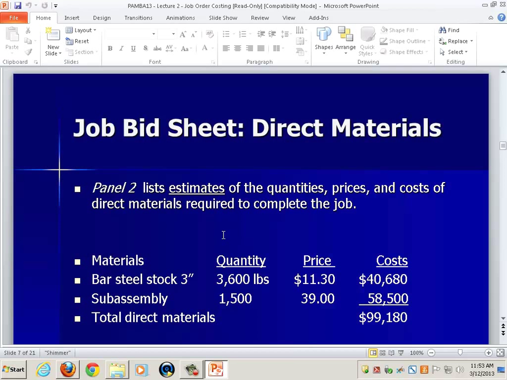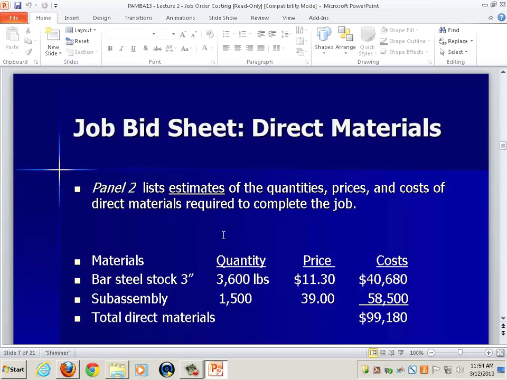There are two types of inputs here: bar steel stock 3, whatever that means technically, and a subassembly. You estimate that to provide 1,500 engine valves, you need 3,600 pounds of bar steel stock 3 and 1,500 subassemblies, one subassembly per engine valve.